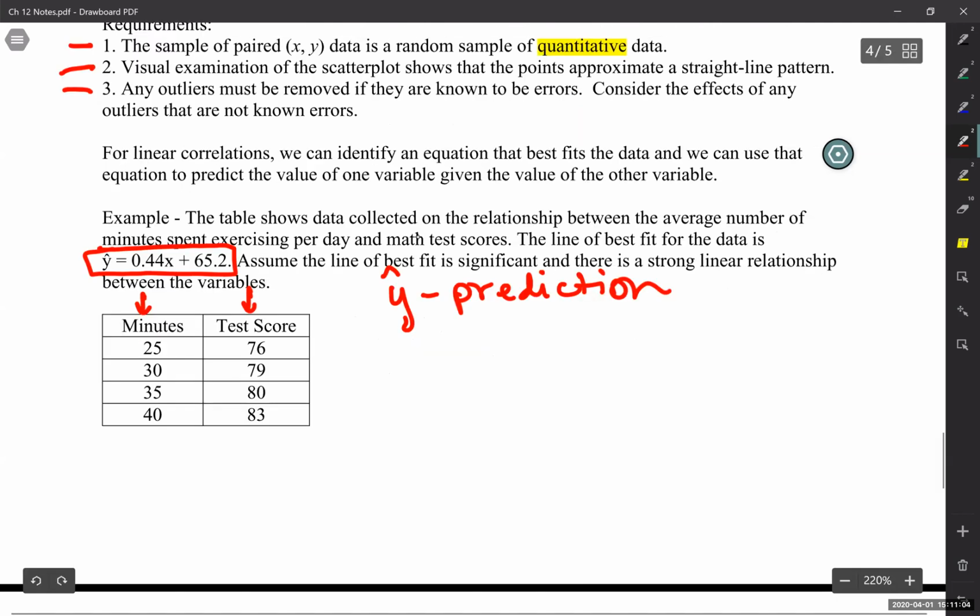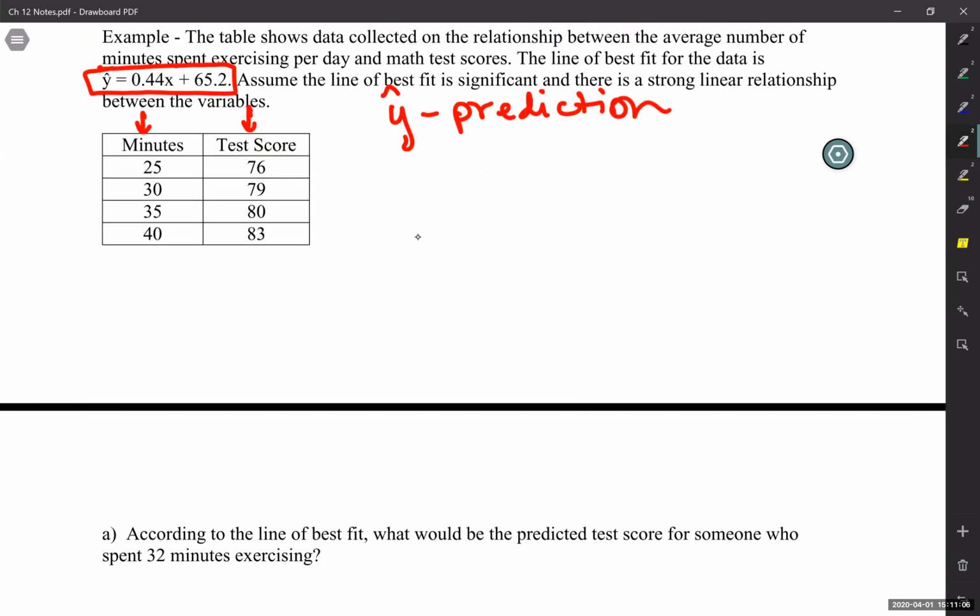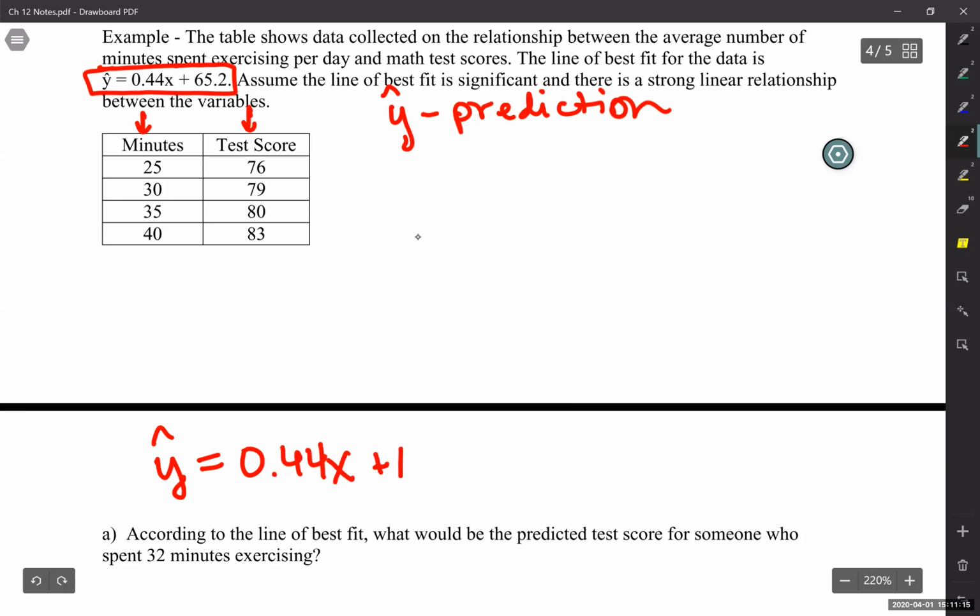So for the first example, this is according to that line of best fit. I'm just going to write it here because I'm going to have to scroll and we're going to lose it. According to this line of best fit, what would be the predicted score for someone who spent 32 minutes exercising?